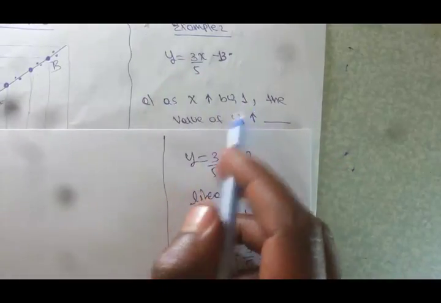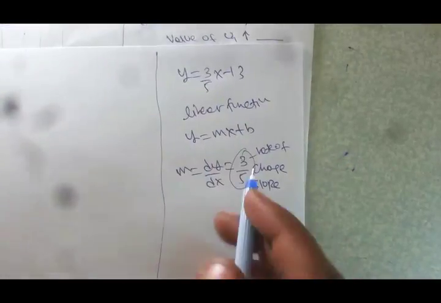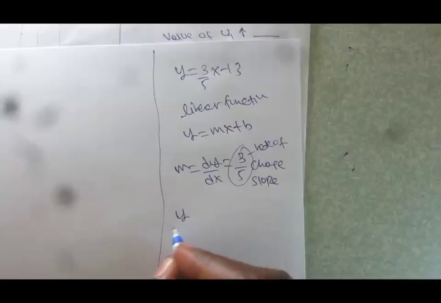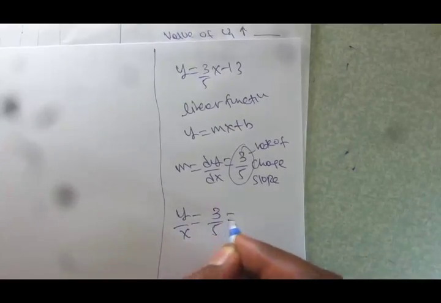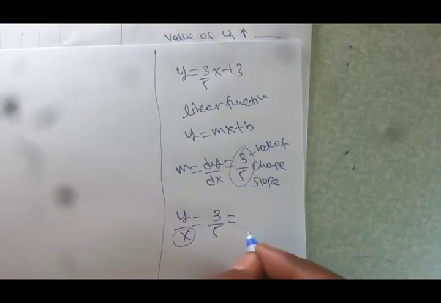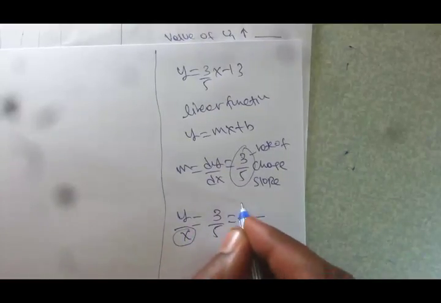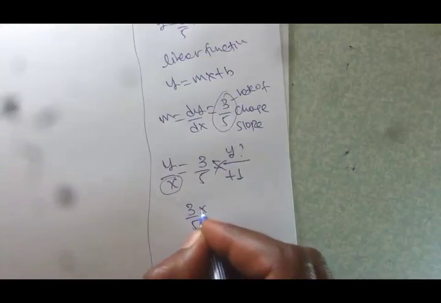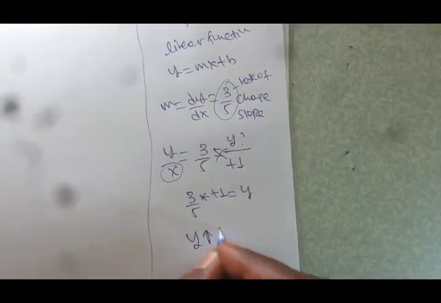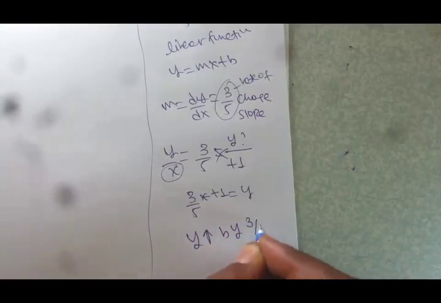As x increases by 1, the value of y increases by what? We are given y over x is 3 over 5, and as x increases by plus 1, y increases by 3 over 5 times plus 1. Therefore y will increase by 3 over 5 as x increases by 1.